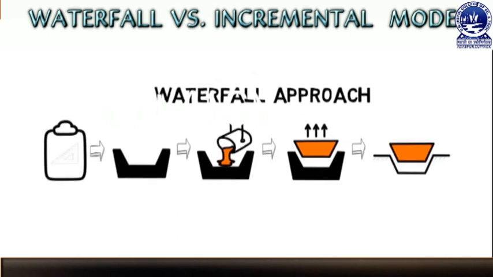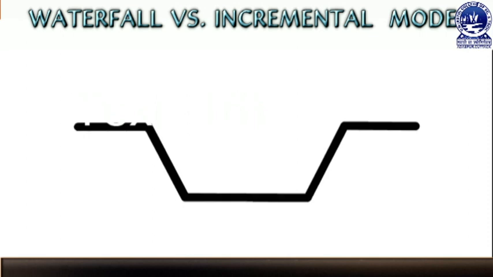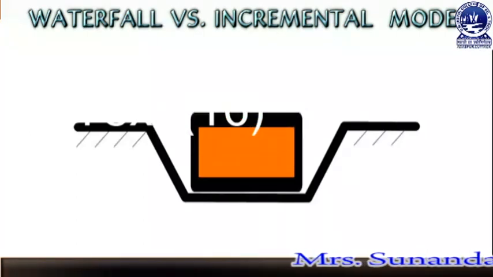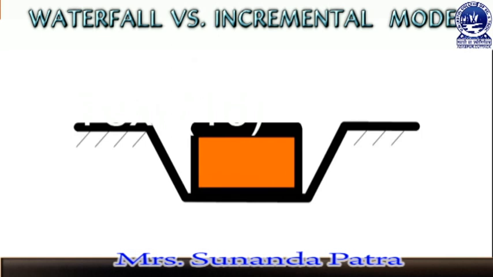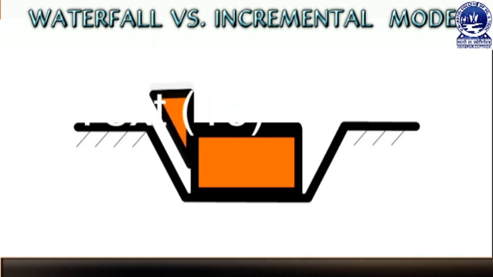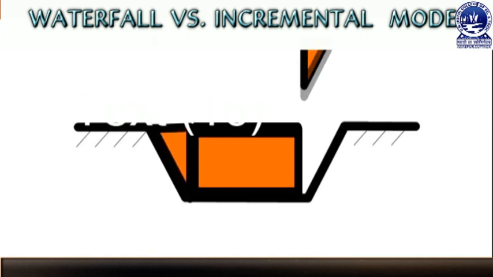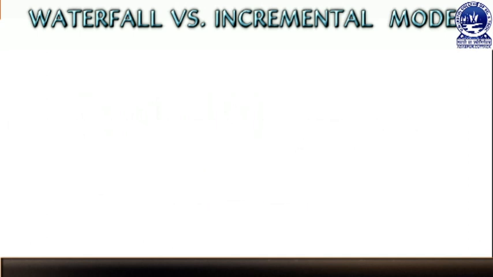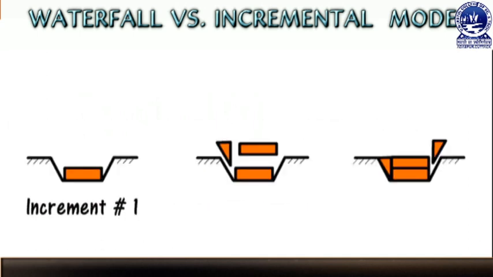Now, let us solve the complex problem in another way. Suppose we create a square block and deliver it to the customer. The customer places the square block in the pothole and gives you feedback. You create more incremental blocks based on the feedback and fill the pothole. If we name these blocks as increments, then this is called the incremental approach.